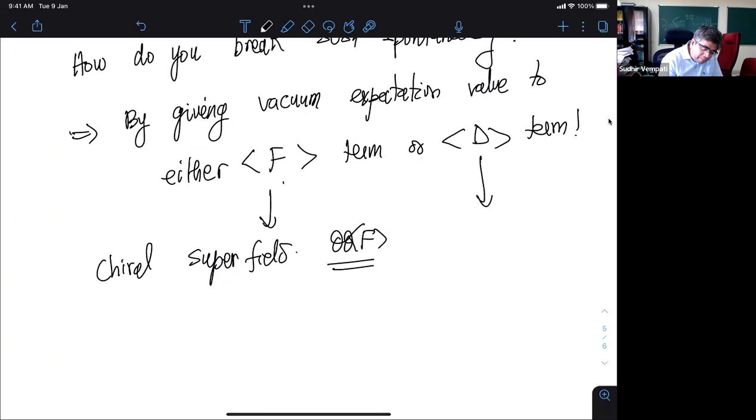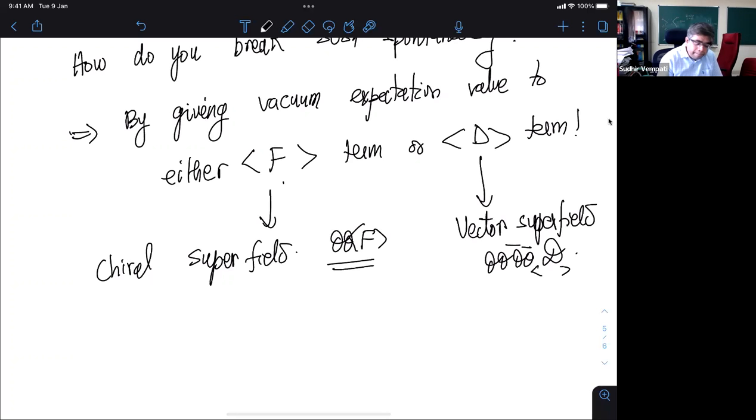And in the vector superfield, you have the auxiliary field theta theta bar D. So if you give a vacuum expectation value for the D, you'll end up breaking supersymmetry spontaneously again.